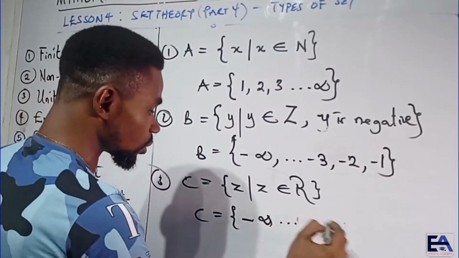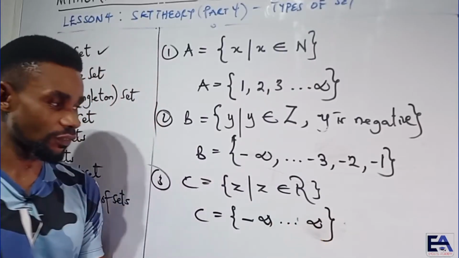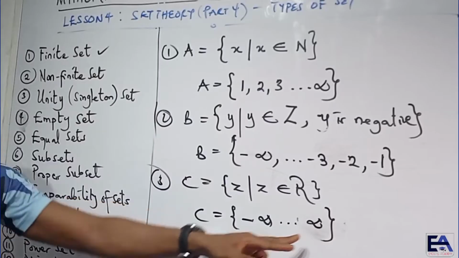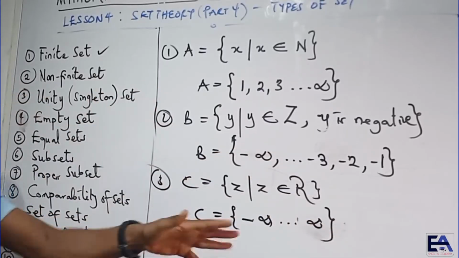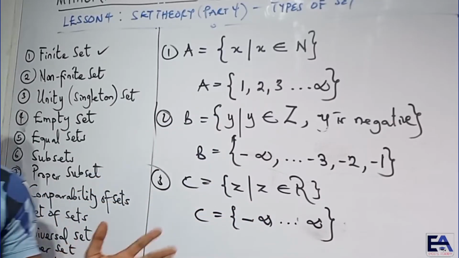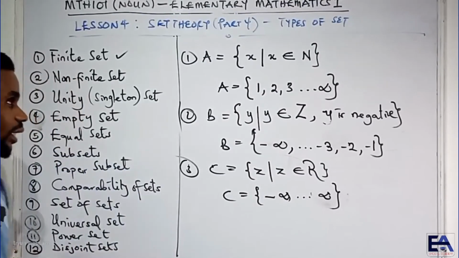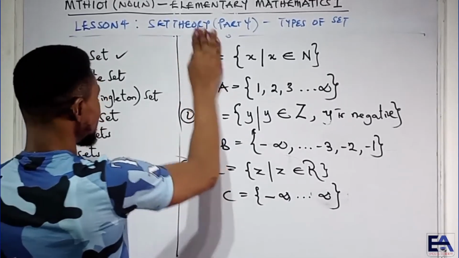So it continues on and on to positive infinity. It started from negative infinity and ends at positive infinity. So this kind of set is also a non-finite set. In this case, it has neither a starting point nor an end point. You get that now? Now we move on to the next example.